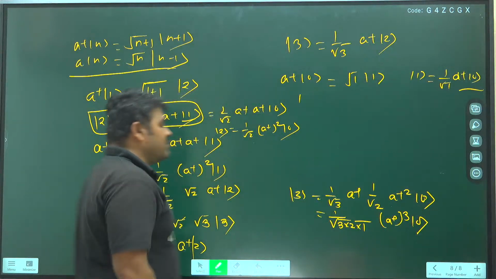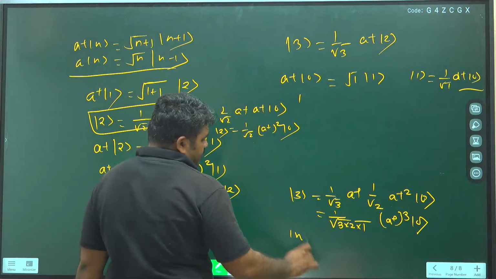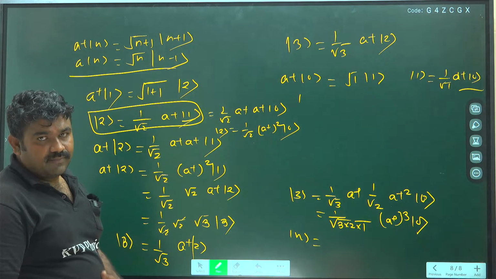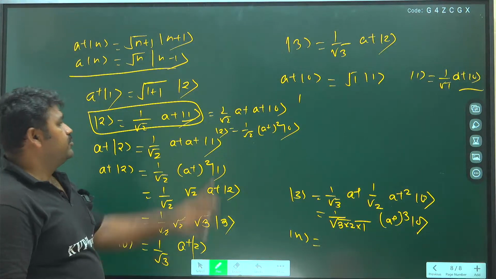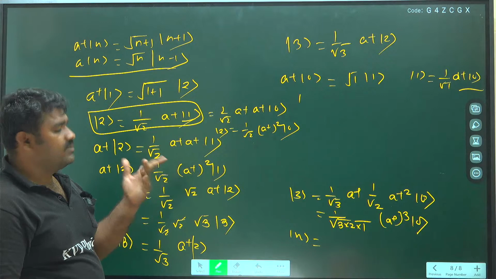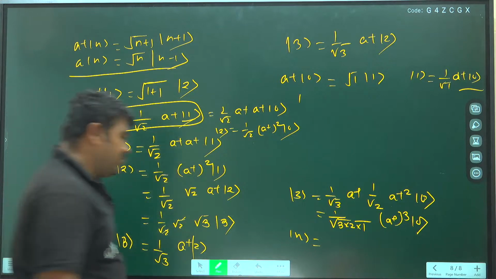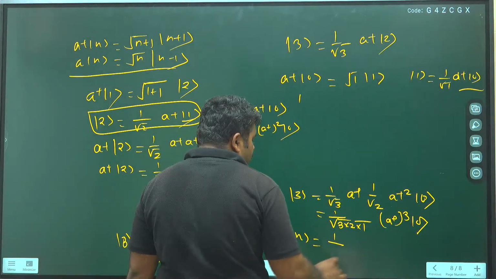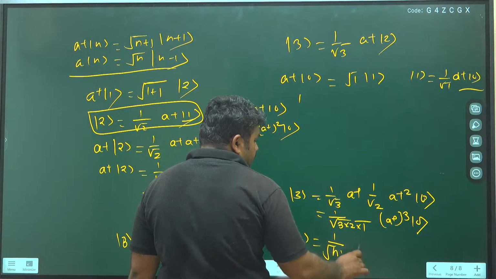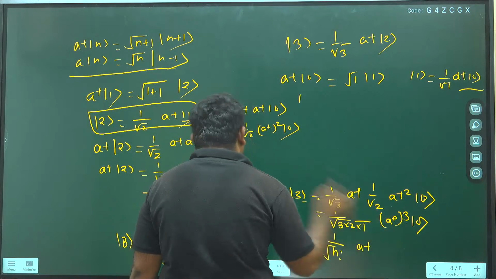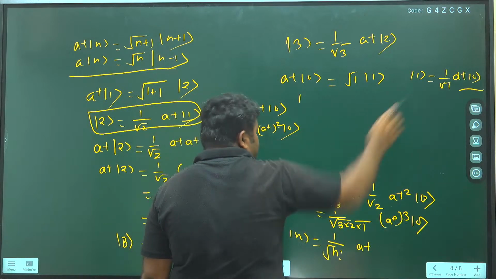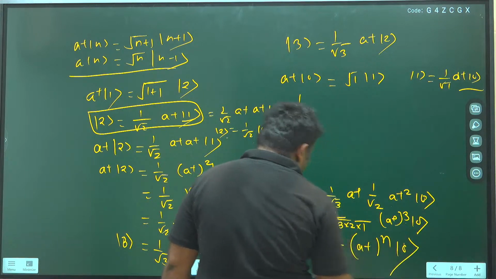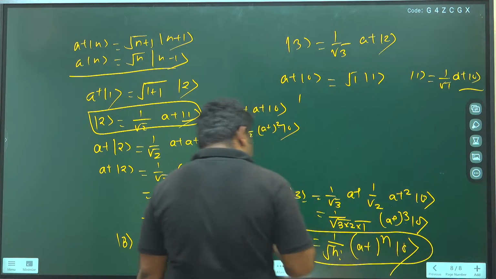When we write for the nth state, this becomes, tell me, 1 2 3 is nothing but factorial 3. That is, 3 factorial, 2 means 1 into 2, 2 factorial, 1 means 1 into 1, 1 factorial. If we write 4, this becomes 4 into 3 into 2 into 1. So it is 1/√n factorial a dagger raised to n. Here it was 3 and 3 came, here 2 and 2 came, here 1 and 1 came, meaning a dagger raised to n, and here ket 0 comes. What is the property?